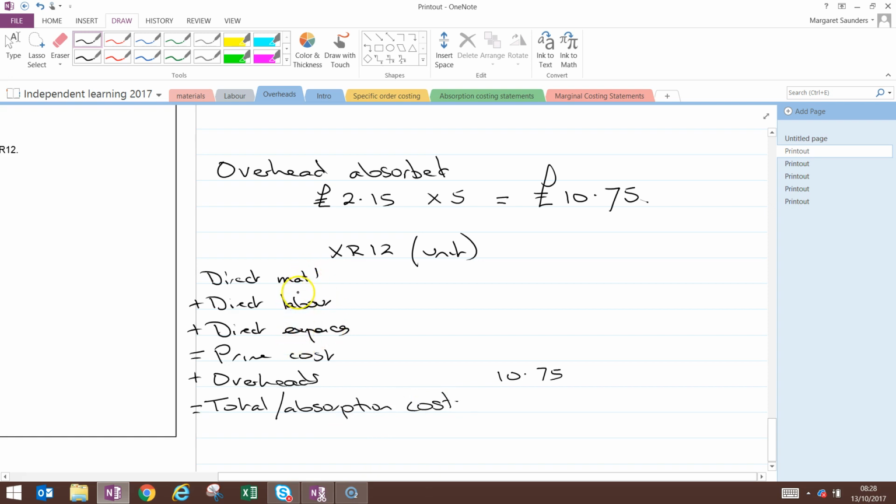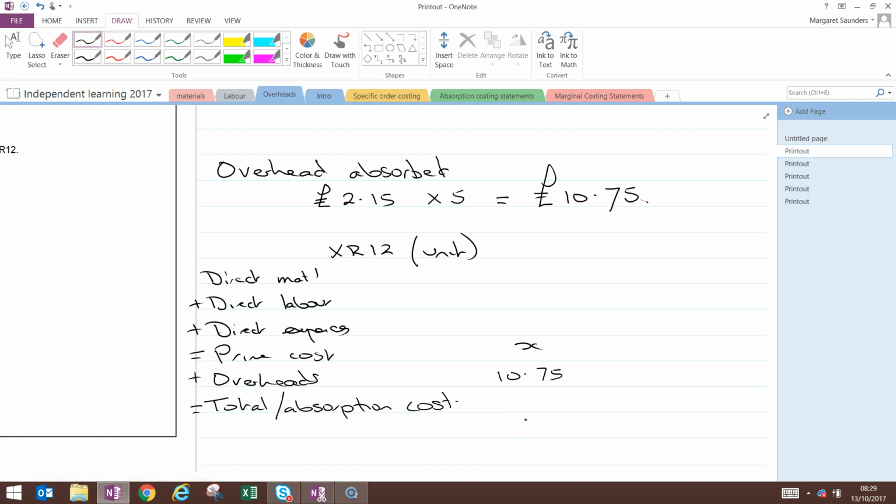This particular example hasn't given us the other costs, but we know that whatever these other costs were, which we call X, we would add £10.75 to that to give us our total cost. Then we can quote the customer based on that total cost.